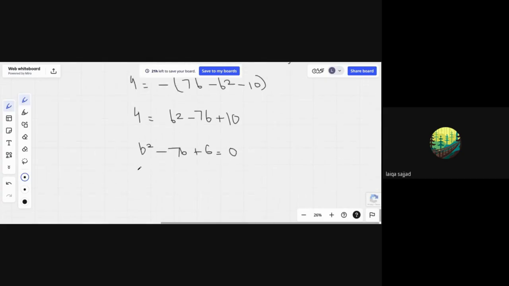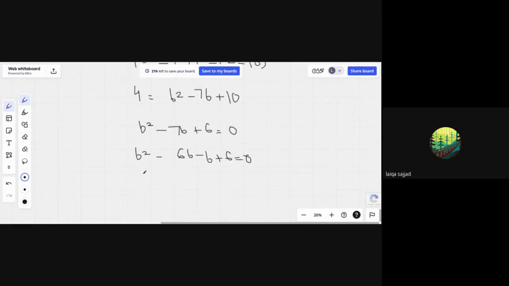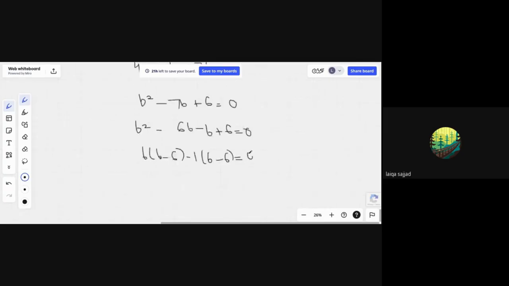We can make the factors 6 and 1, so it will be minus 6b minus b plus 6 equals 0, and you will be left with b minus 6 and minus 1 into b minus 6. We get the factors b minus 1 and b minus 6 equals 0.